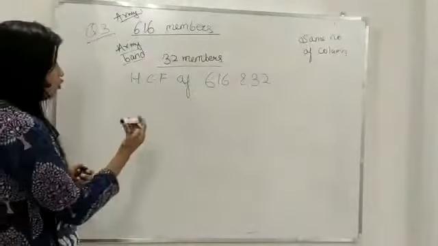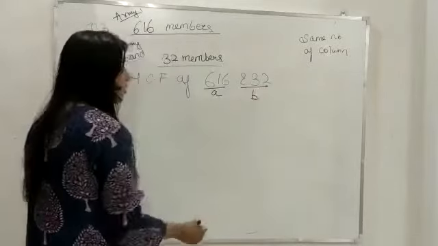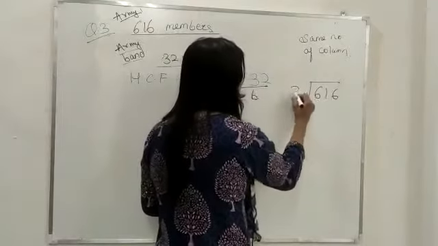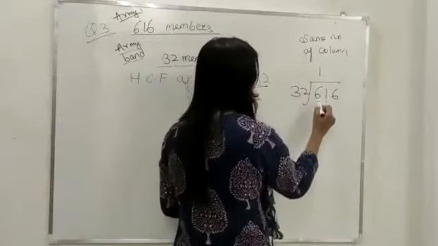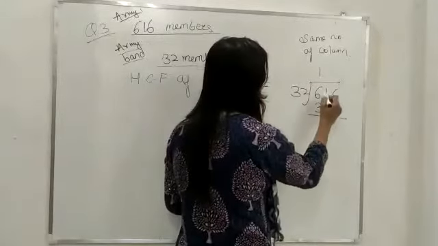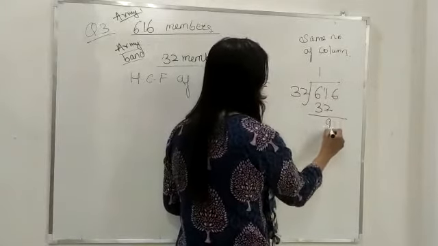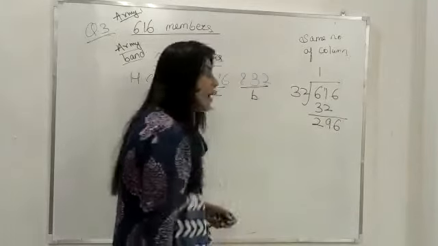So I will take this as A and this as B. 616 divided by 32. So 32 times 1 is 32 and here I will get 11. So 11 minus 2 is 9 and 5 minus 3 is 2. So I will get 296.